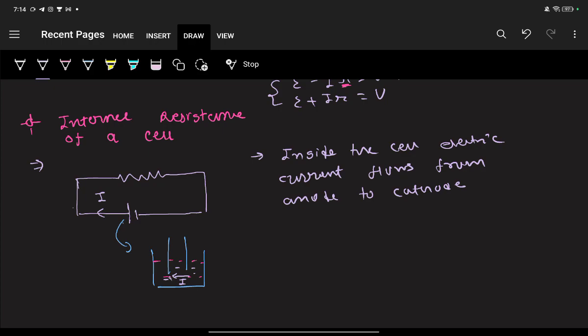Okay, so the resistance offered by the electrolyte inside this cell is called internal resistance of a cell.